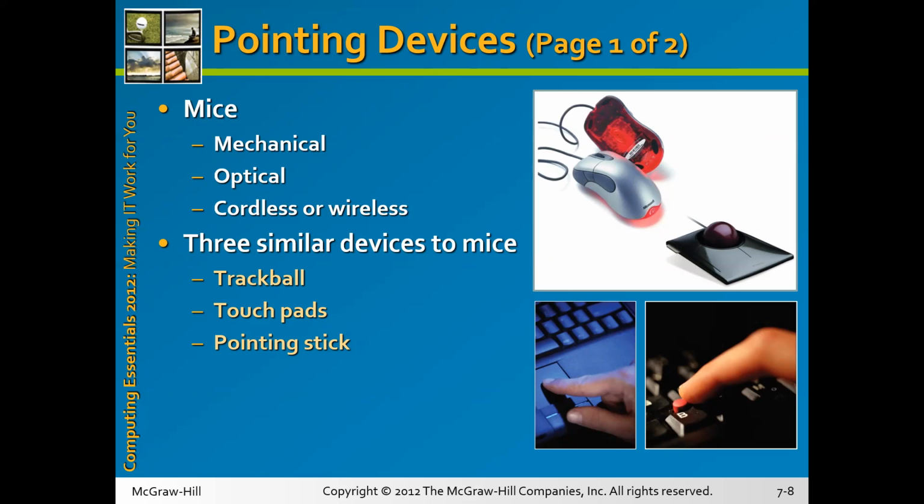Trackball, also referred to as a roller ball, controls the pointer by rotating a ball with your thumb. Touch surfaces, also referred to as touchpads, control the pointer by moving and tapping your fingers on the surface of a pad. Pointing stick, located in the middle of a keyboard, controls the pointer by directing the stick with your finger.